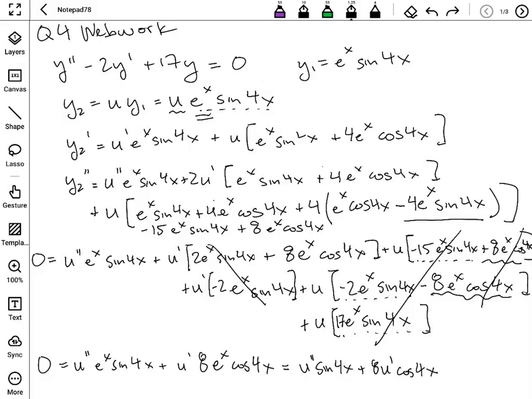But then, assuming you got your derivatives, you should be comfortable with the idea that you're going to plug into your ODE and try to cancel out your u terms, and then simplify your equation as much as possible, with the understanding that you're going to be trying to solve a first order equation afterwards.